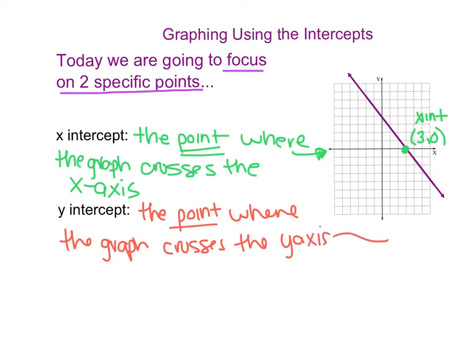Remember, the y-axis is our vertical number line, and the y-intercept is where we cross the y-axis, which we can see right here in our point in red, where x is 0 and y is a positive 4. What we're going to focus on in this lesson is how we can find the x and y intercept in different ways, and then how we can plot those 2 intercepts and use them to create an accurate graph of our line.